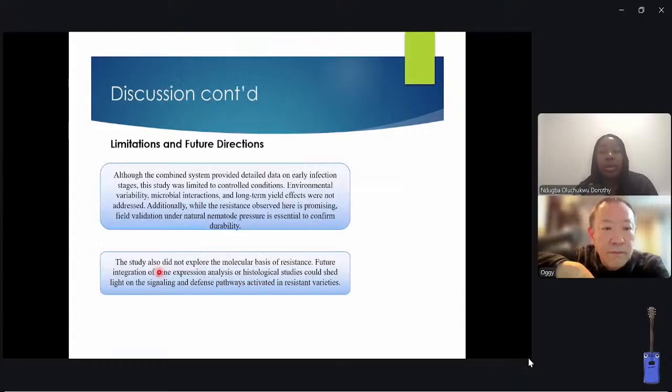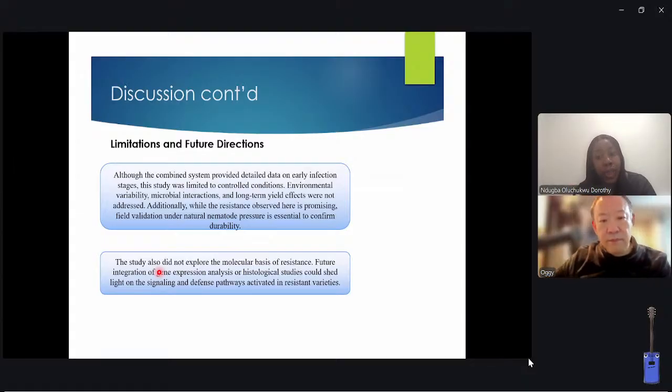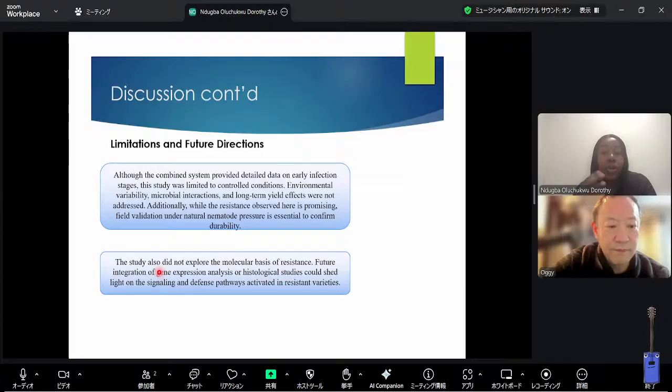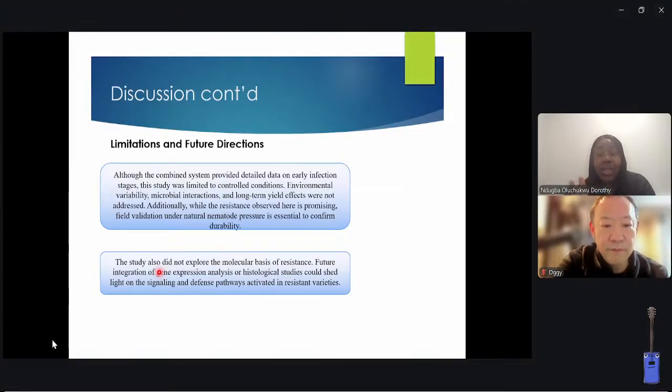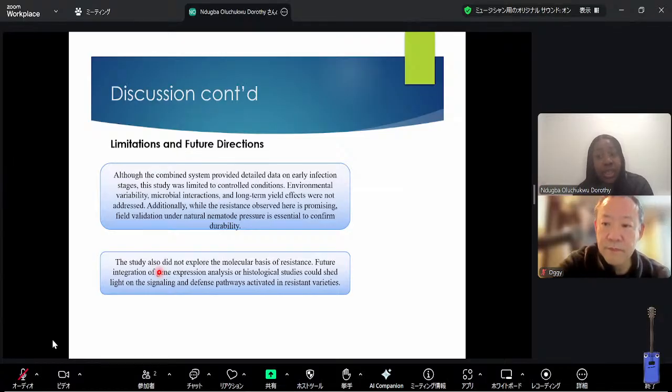Although the combined system provided detailed data on early infection stages, this study was limited to controlled conditions. Like I said, it was done in the lab. It wasn't taken to the field. So we need to consider environmental variables like microbes. The difference when you take it to the field is you can't compare to the lab, so we didn't explore that.